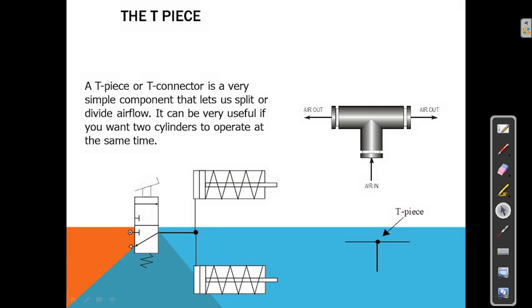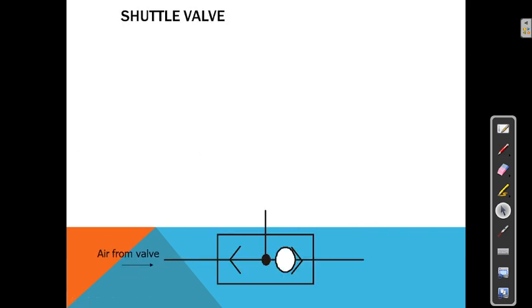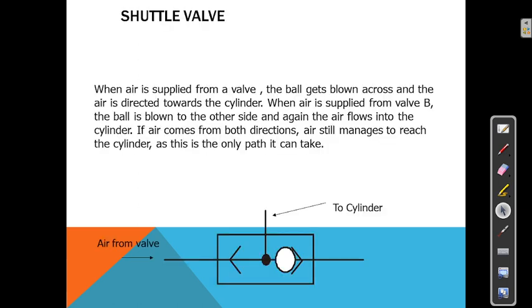But the thing is, here the input is single and the output is 2, whereas in the shuttle valve the output is single and the input is 2. Because with the T valve we can operate 2 cylinders with 1 input. But you see here in the shuttle valve, we have only 1 output here.